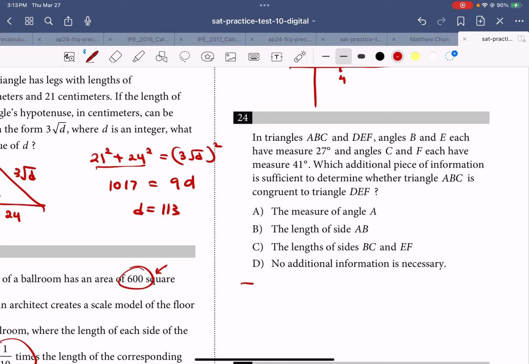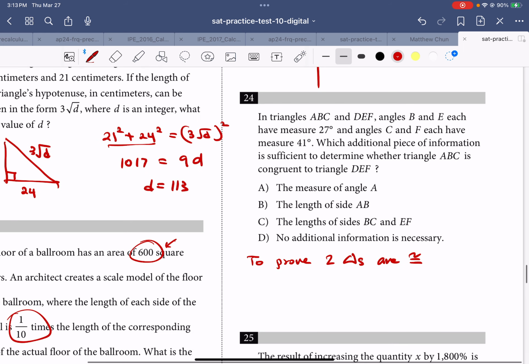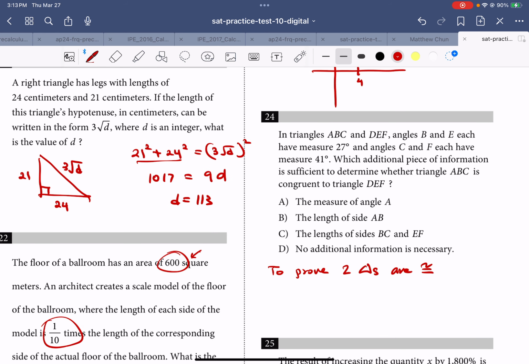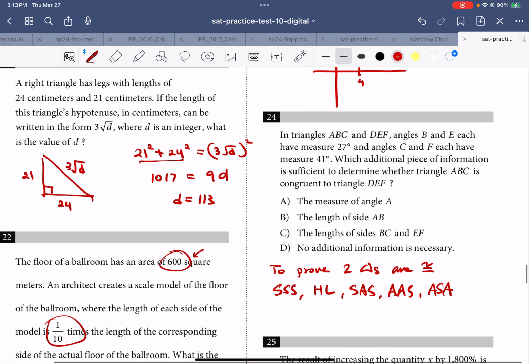To prove two triangles are congruent, you basically have 5 ways. You can have SSS, or HL for the right triangle, or SAS, or AAS, angle side angle, or ASA. So you have 5. Let's throw it out. Which one can you apply?